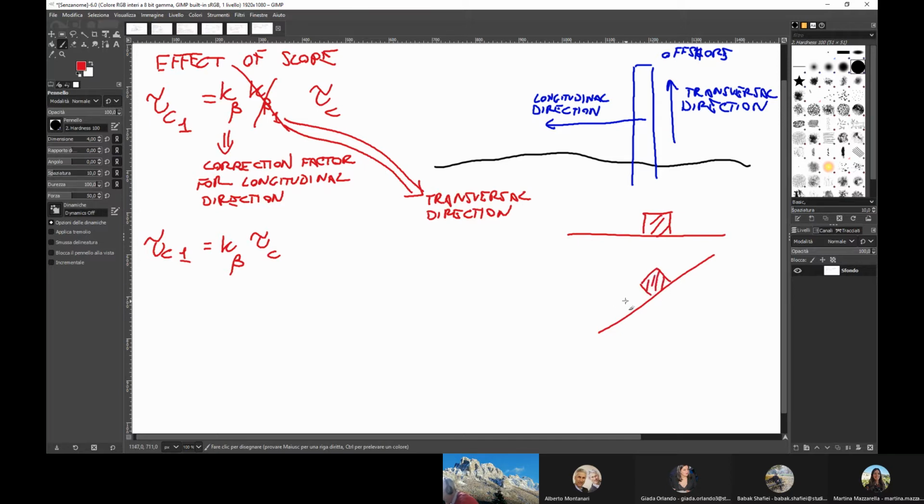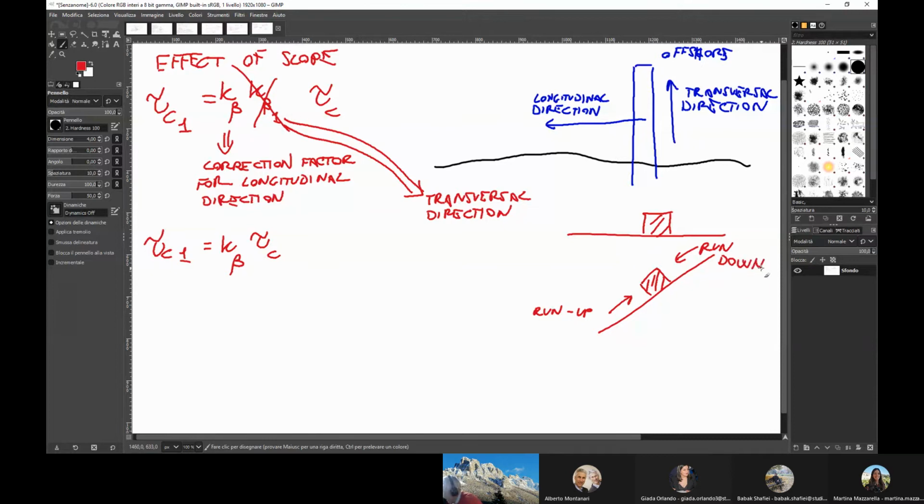This situation, with respect to the run up, it's fine. I mean, it is opposing more resistance with respect to the no slope. But when you get the run down, then the correction should be a penalty.